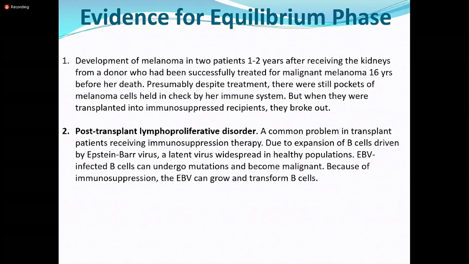In other words, they can change the DNA to prevent these B cells from dying through old age and just to continue growing, as a result of which these people suffer from these lymphomas, B-cell lymphomas. And this is called post-transplant lymphoproliferative disorder.